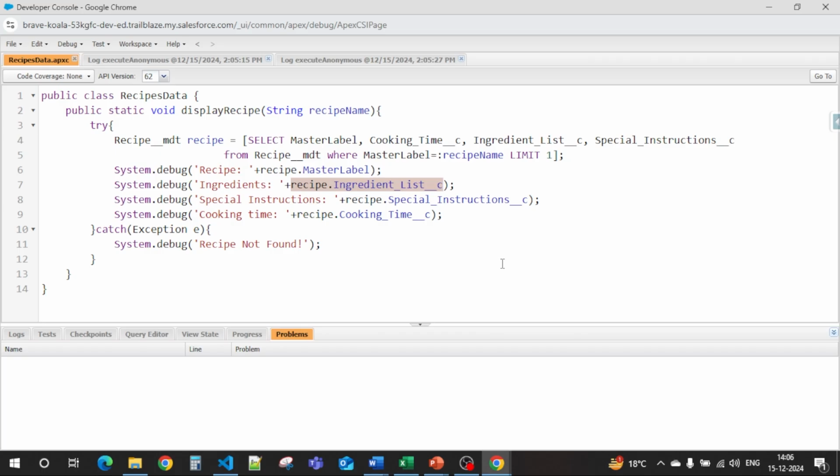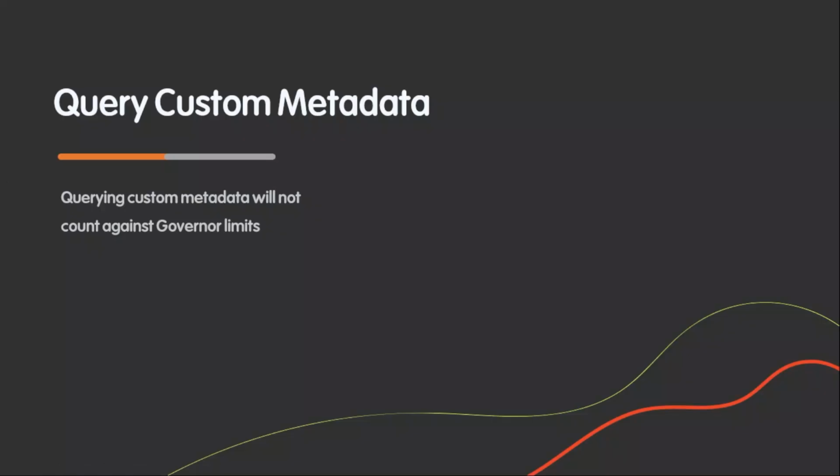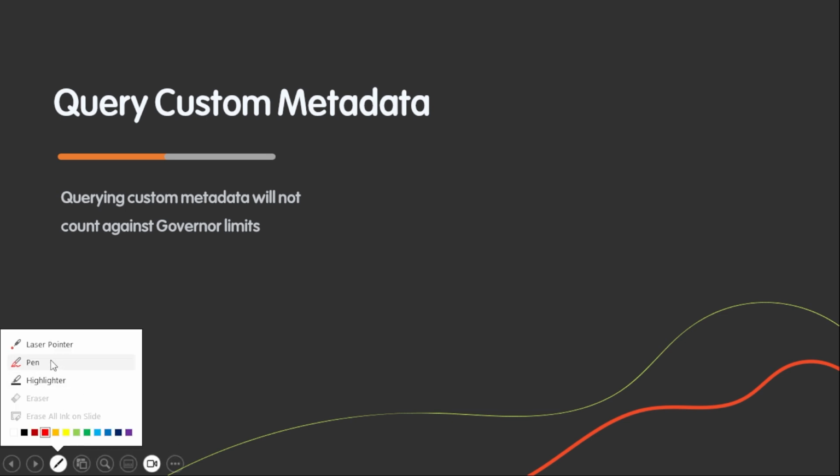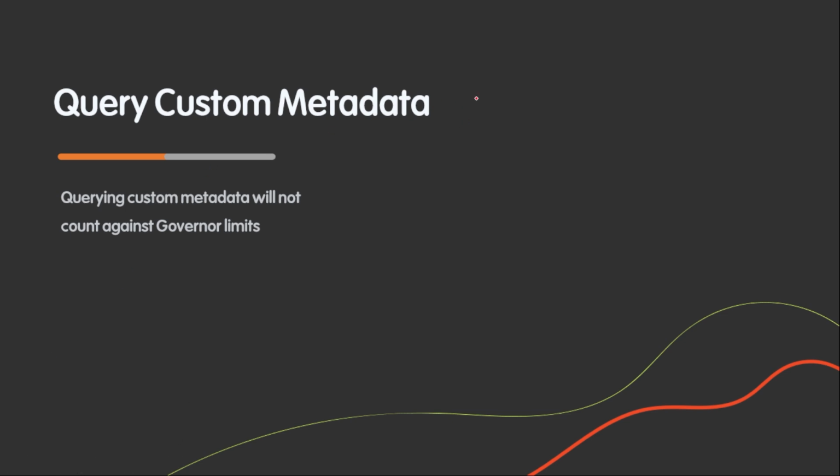We'll go through a few more things about custom metadata. One more thing: querying custom metadata does not count against governor limits. You know that in one transaction you cannot do more than 100 SOQL queries, right? Let's say in your code you have 50 SOQL queries on custom objects, and one SOQL query on custom metadata. The query on custom metadata will not count against the governor limit.